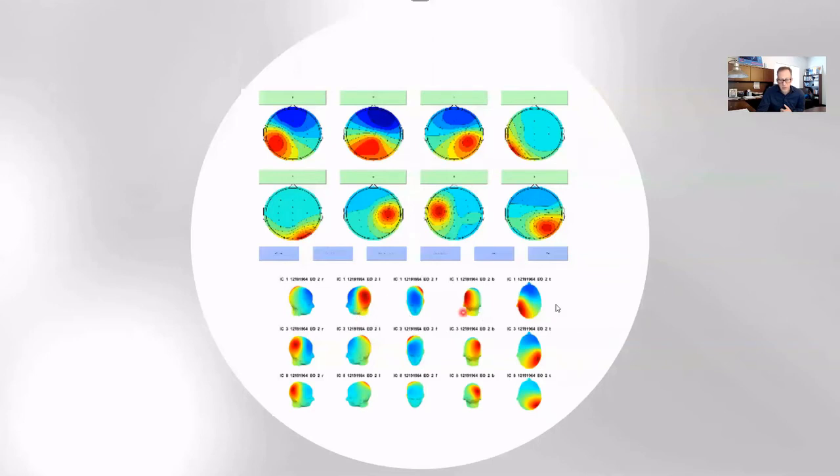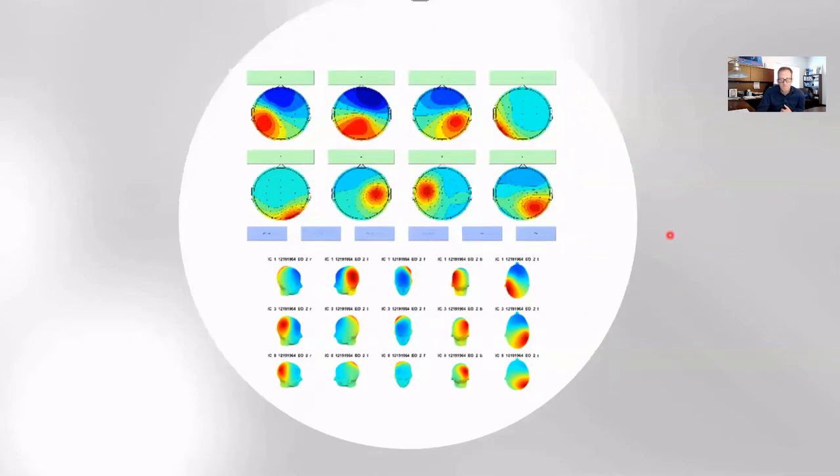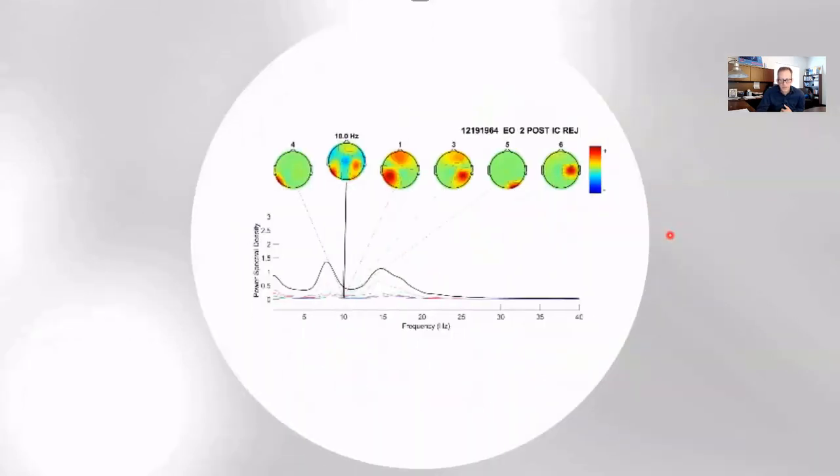And then below that, we can plot a three-dimensional activation as well, so we can see where it falls on a three-dimensional scalp head in addition. That information is then taken and we can plot what's called a component spectra, where we look at power spectral density in different frequencies, and then we can measure how much each component contributes to the overall activity at different frequencies. Very informative information.